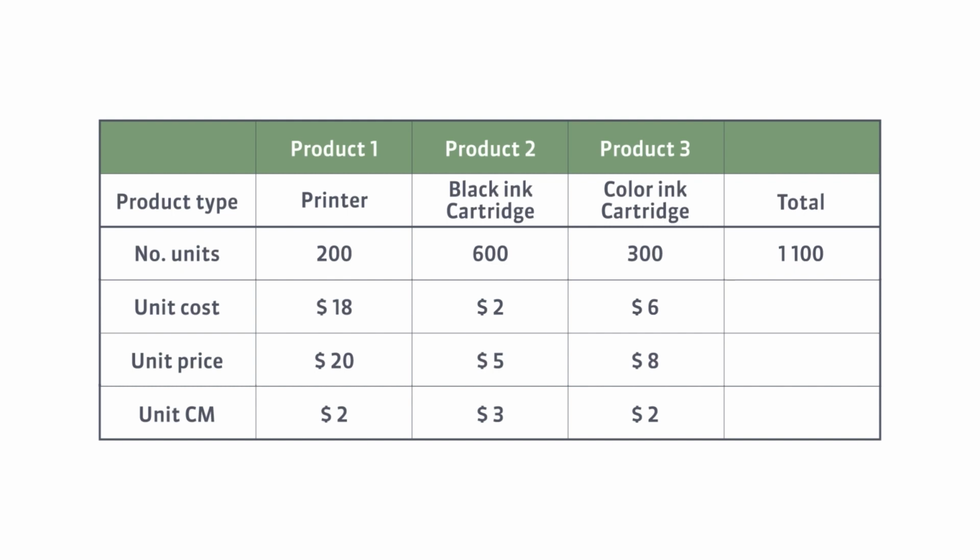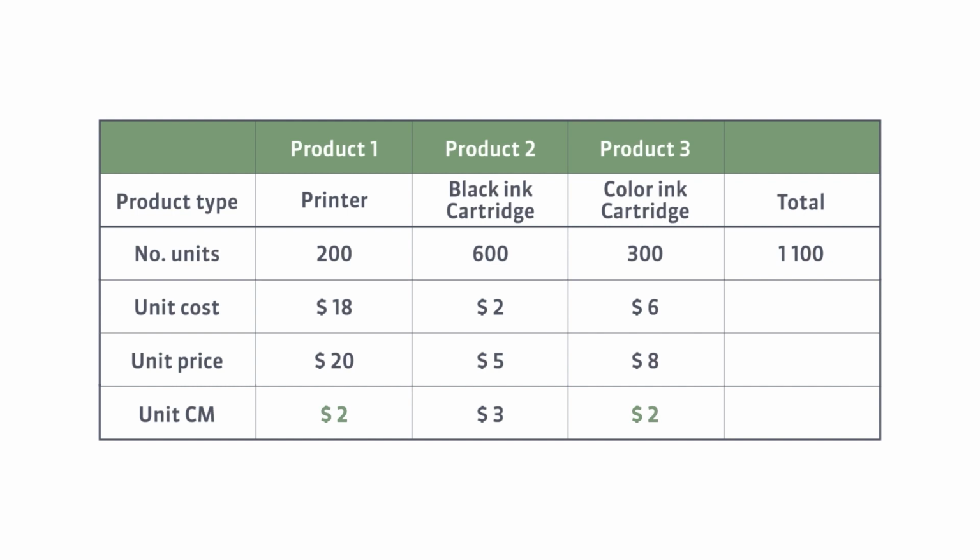At this stage, we can say that the contribution margin is positive in all cases. It has the greatest value in the case of black ink cartridges. The printer and the color ink cartridge have the same contribution margin of $2.